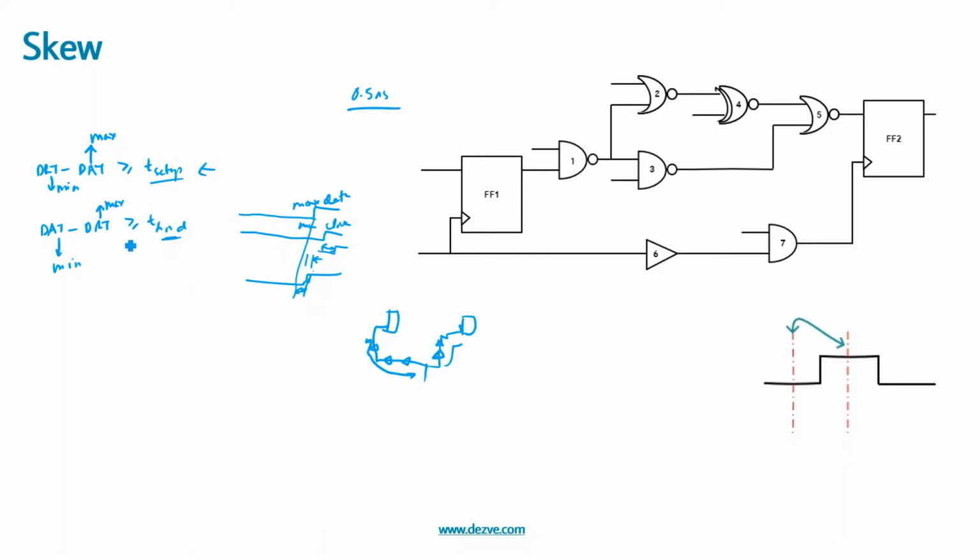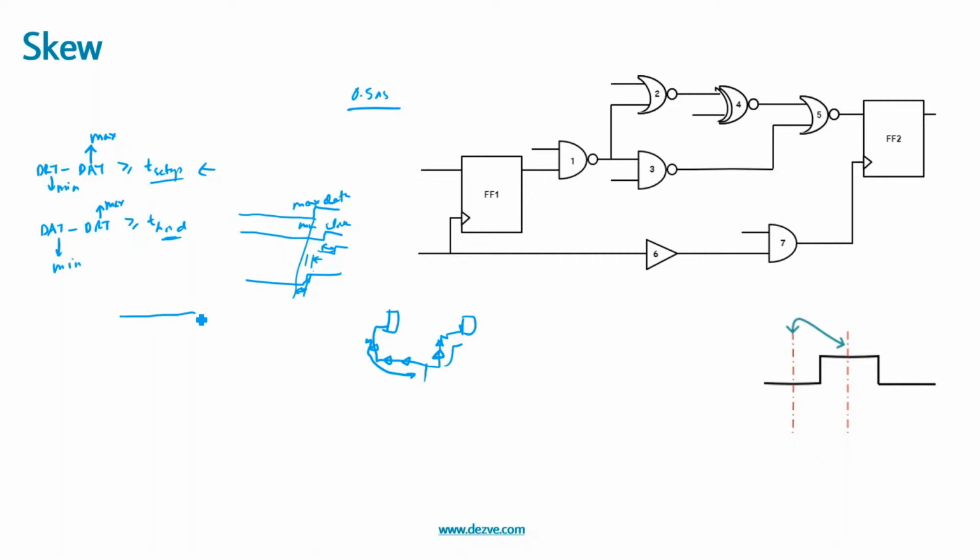Now coming back to the hold. In this slide, if I have said slew, it's always skew. In this case, what do you want here? For hold to fail, this was the requirement, correct?